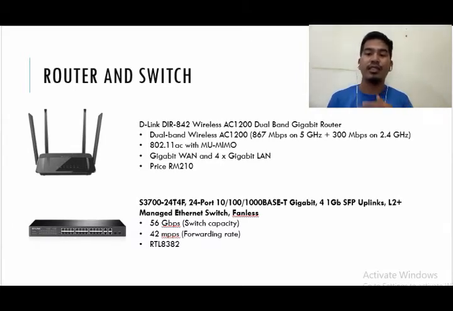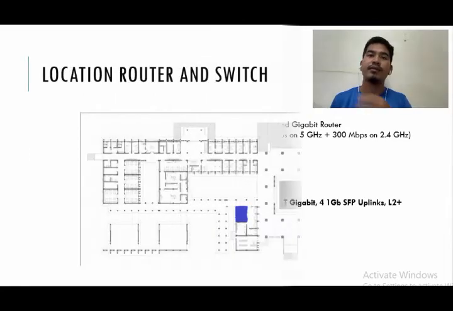The same goes for the network. If there is dual bandwidth, machines like the photostat and printer can use 2.4 GHz, while devices that are often used, like the tablet that Dr. Anis uses, can connect to the 5 GHz network.